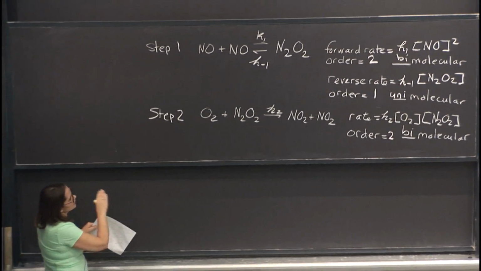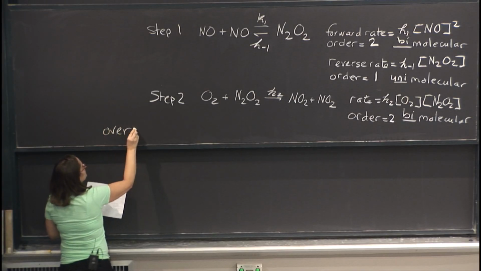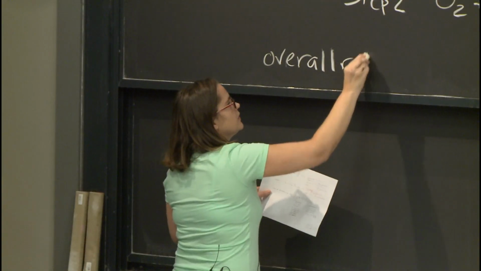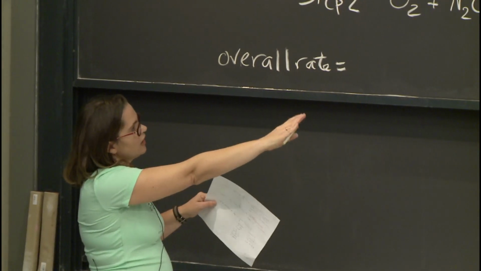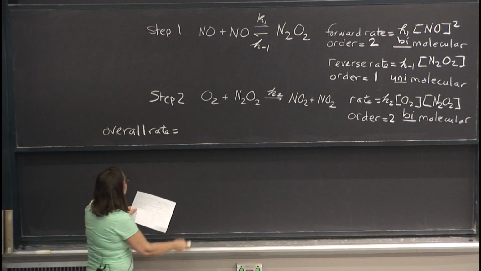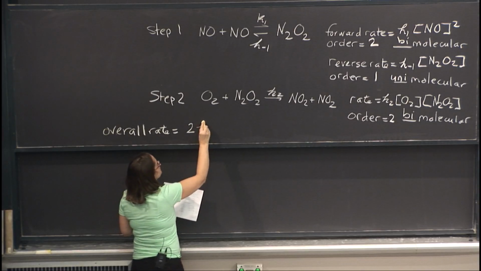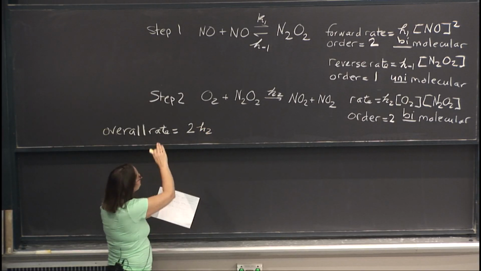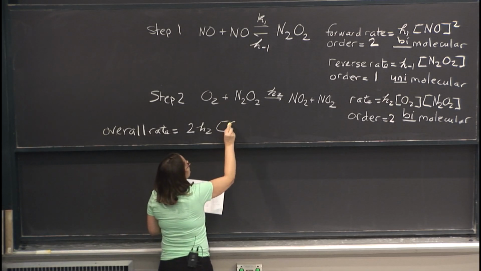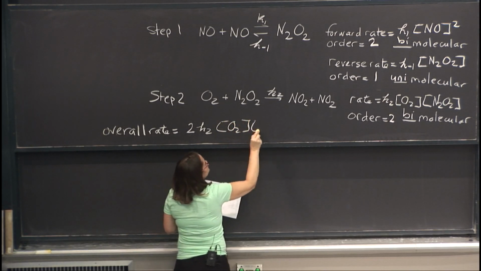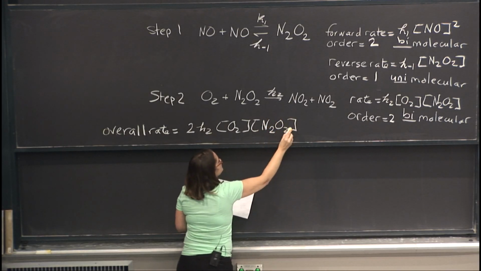All right, so I'm going to write the overall rate. And this is for formation of NO2. And we're going to put a 2 in there, and I'll explain that in a minute. Then our k2, so we're just writing this now from the last step, times O2 and our intermediate N2O2.